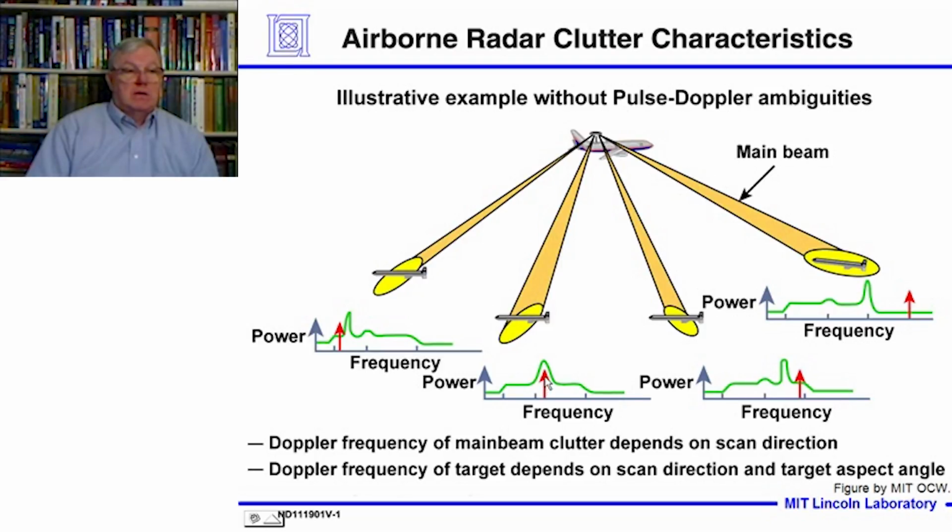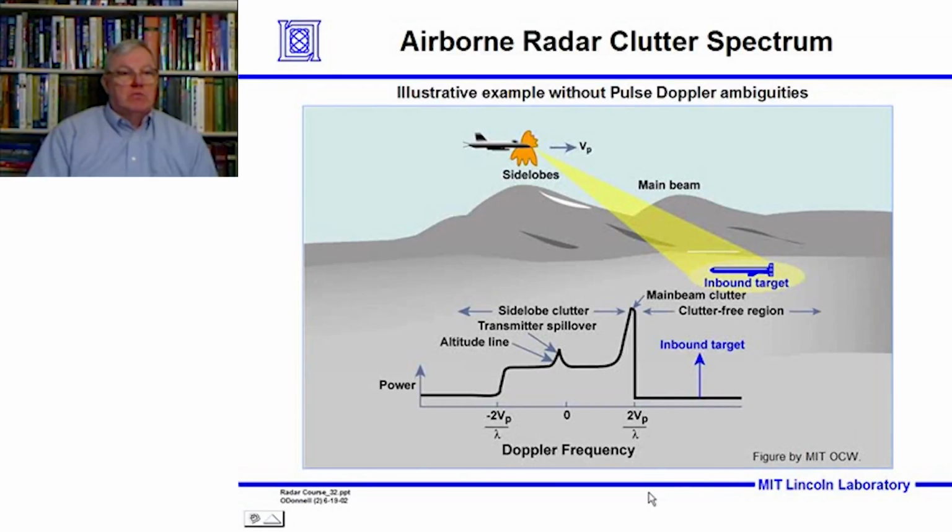So you've got the ground clutter not moving, and the target not moving with a radial velocity. And then in the back end, you've got the target moving to another place. So you've got the ground clutter moving, and you've also got the target moving, and differently, because the Doppler frequency of the main beam clutter depends on the scan direction, and the Doppler frequency of the target depends on scan direction and the target aspect angle. So it's a very complicated clutter reduction process.